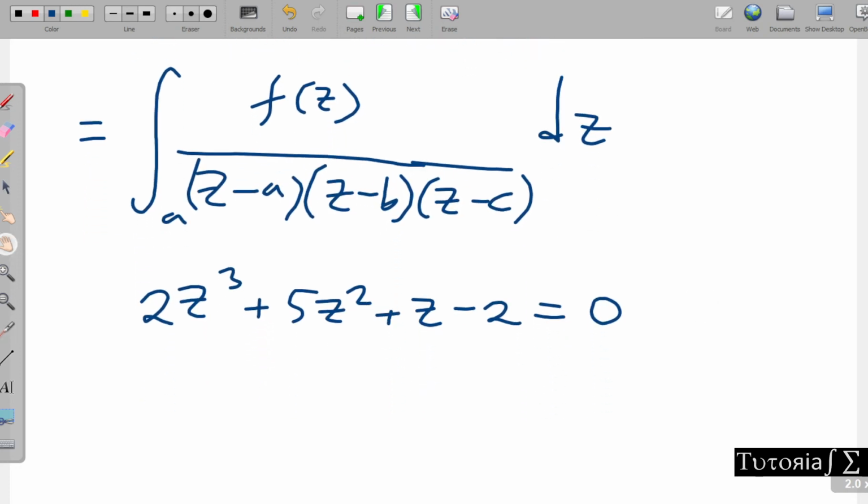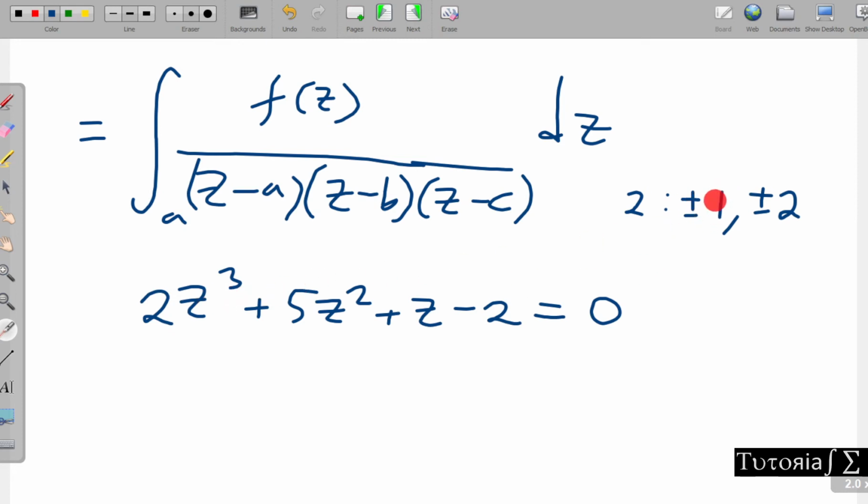To find that number, you look at the factors of this number. What numbers can go into 2? We have plus or minus 1, plus or minus 2. It is from these that you are going to try.